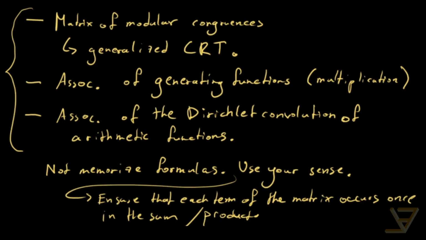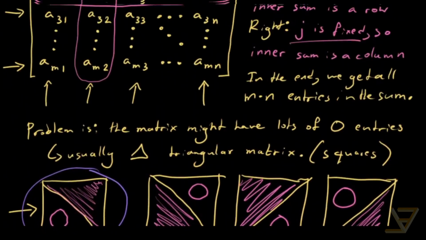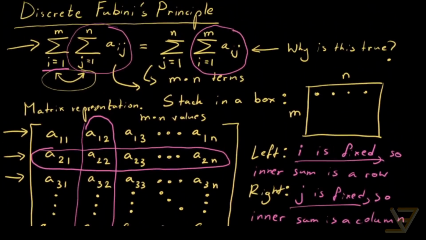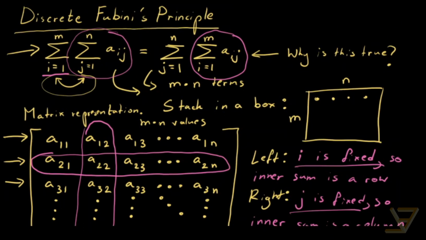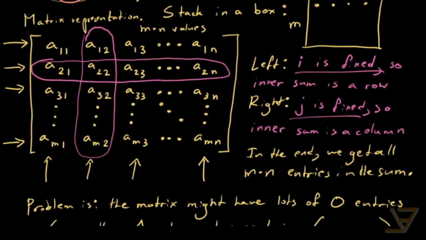Okay, so let's do a summary of what we did. We first stated the discrete Fubini's principle for the most basic case, where we can simply swap the two indices, and we showed that this is when we have a full matrix.